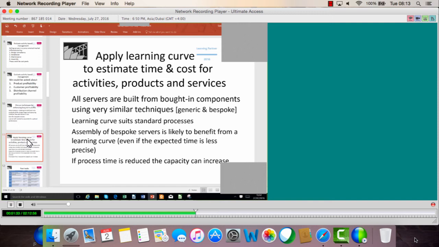So it doesn't mean that products suit learning curves, it's processes and activities in order to make those products.